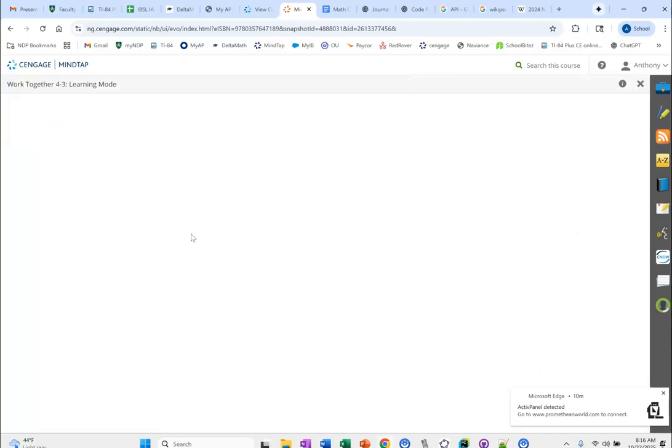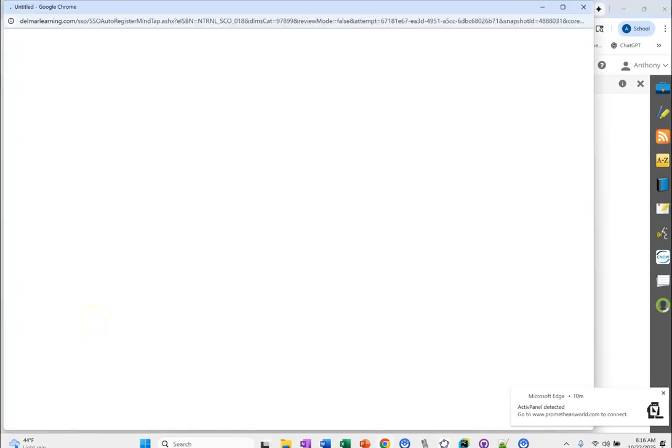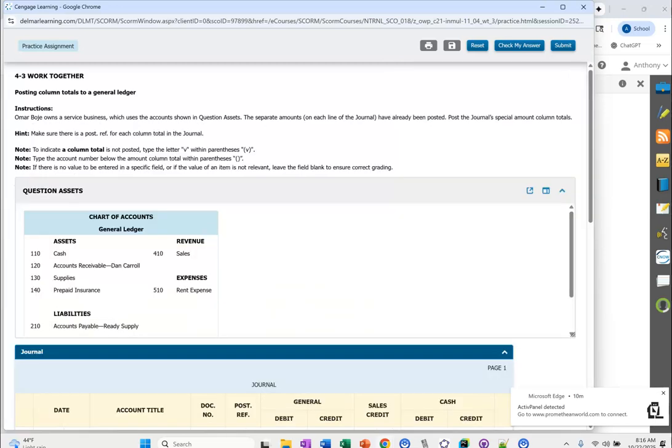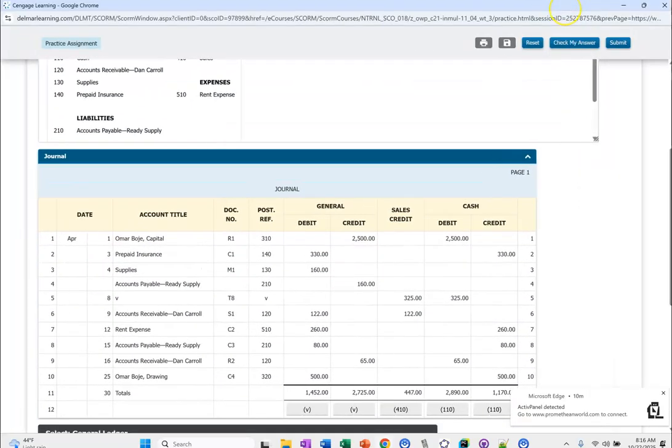All right, so what I've just opened up is the 4.3 Work Together. If you want to follow along at the same time, I invite you to do so. I don't like this view on the side; I like to do this for whatever reason.